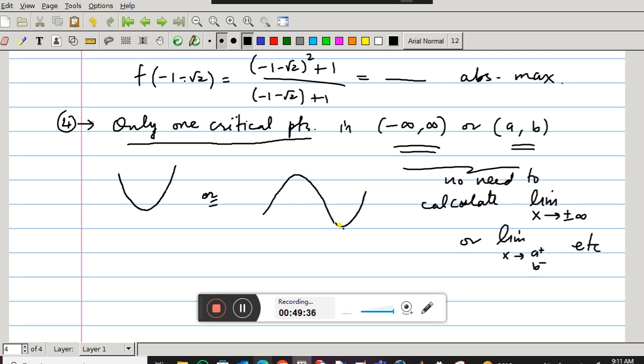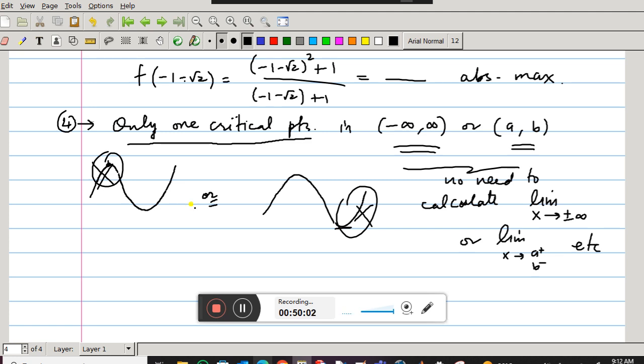If it turns back up, there is another critical point, right? And which is not there. Similarly, if it comes back down, you will have another critical point here, but that's not there. Agree? So if you have one critical point, it will only turn once. That's it. Then it will go up on both sides, or it will go down on both sides.